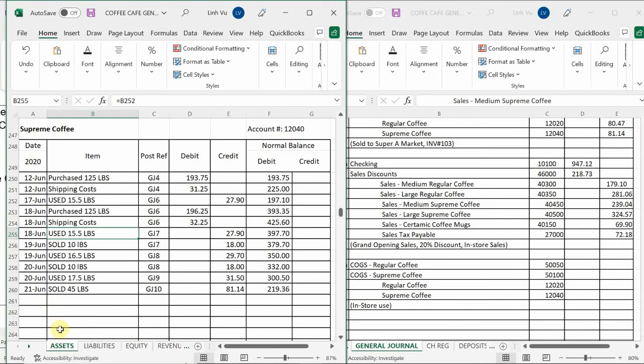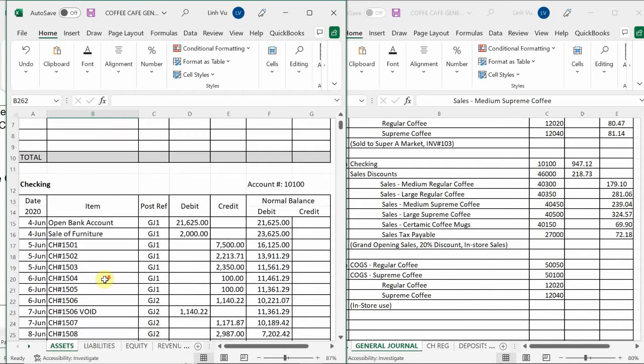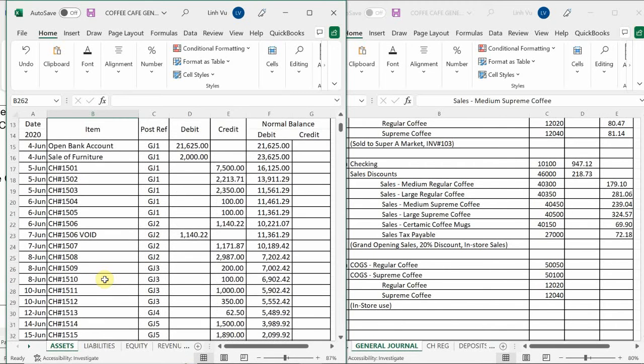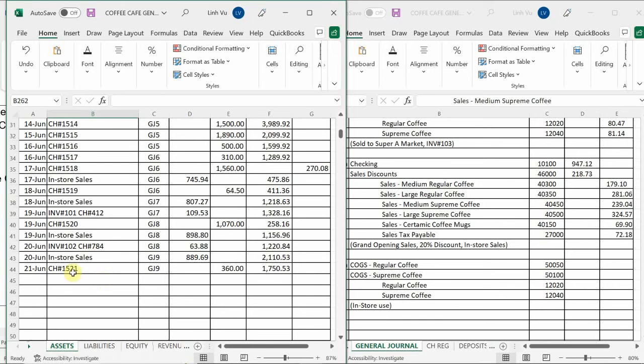And we start with the checking. It's page 10.